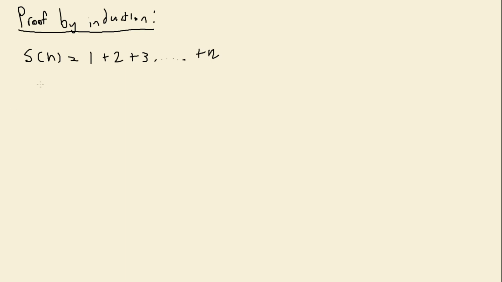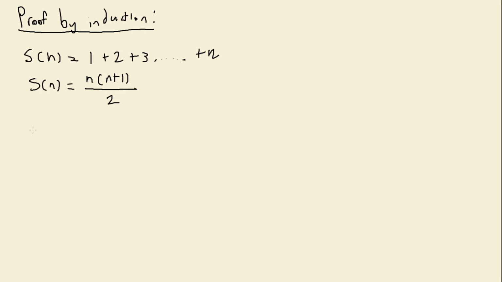We want to say that S of n is equal to n times n plus 1 divided by 2. We are postulating that this is true. How can we prove this?